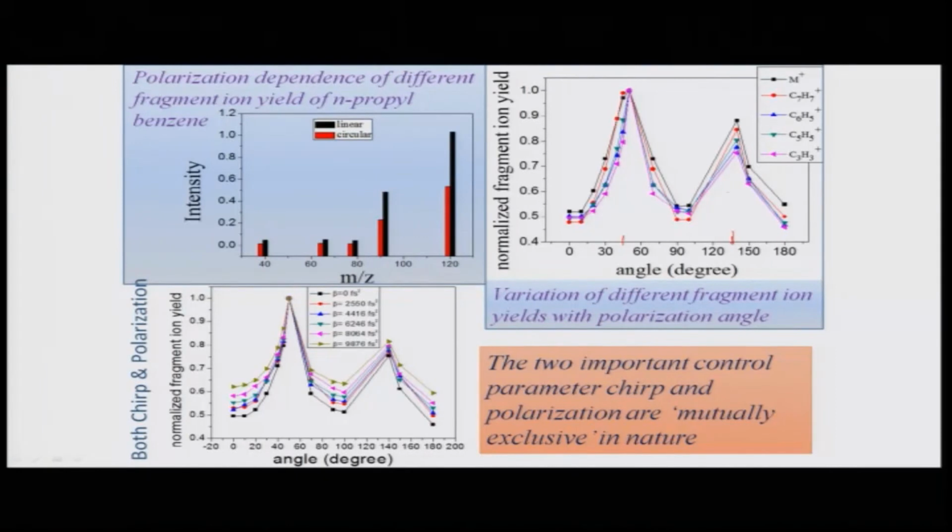All the fragments peak at specific values of the polarization, which provides the polarization parameter as an intensity parameter, whereas in terms of the frequency component, the chirp of the pulse, we found that certain fragments are specifically inclined towards certain frequency components.